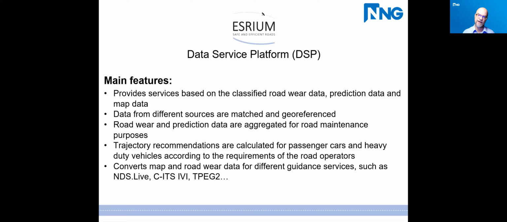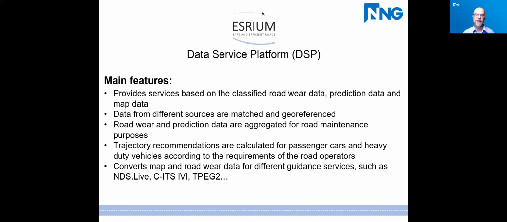Therefore, we will need to have an interface to the road maintenance services of the road operators. We will also have trajectory recommendations, which are calculated for passenger cars and heavy-duty vehicles according to the requirements of the road operators. So we will also implement the guidance and requirements of road operators for those who are using their infrastructure.